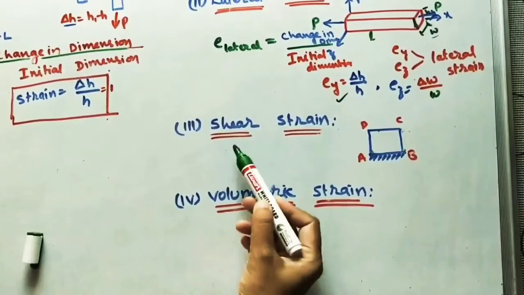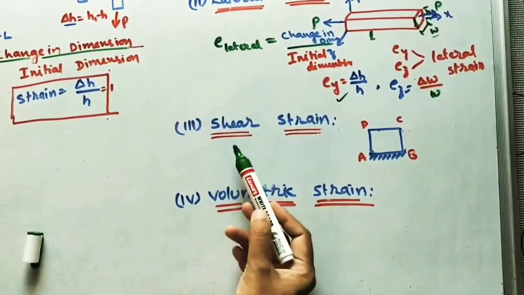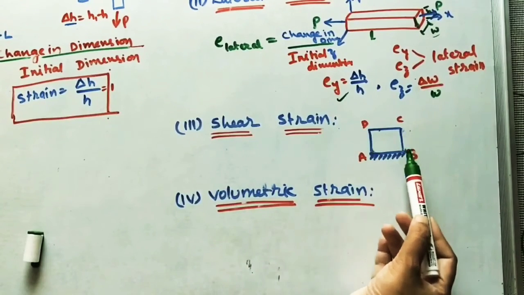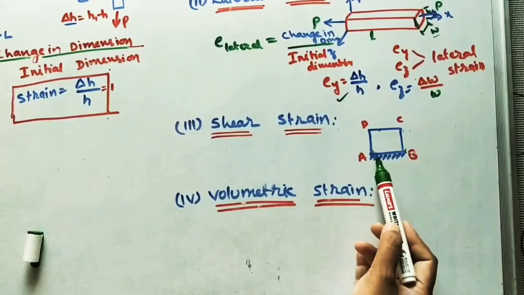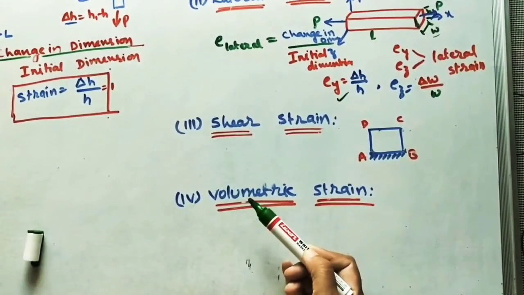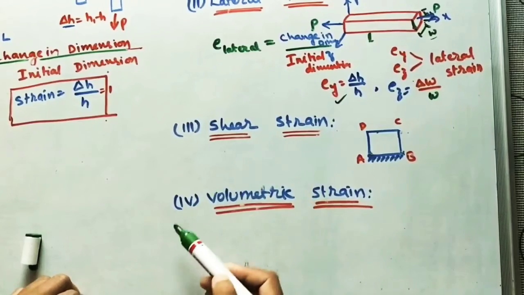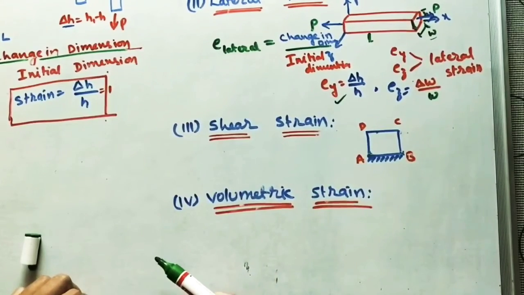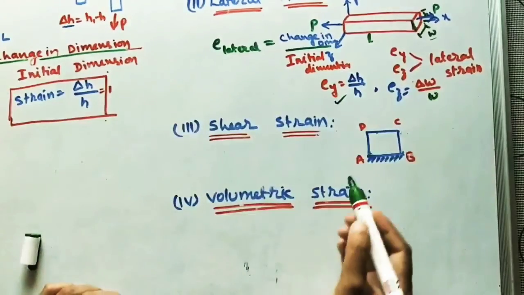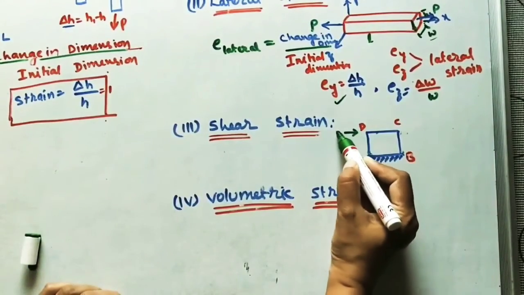Let us take the next one, shear strain. Shear strain will come because of shear force. Let us take this as the given body, fixed at AB, with CD as the corners. We apply the shear force along the surface, like this.